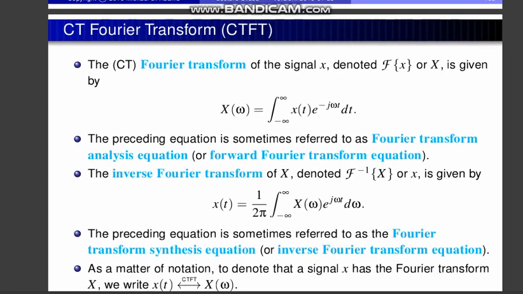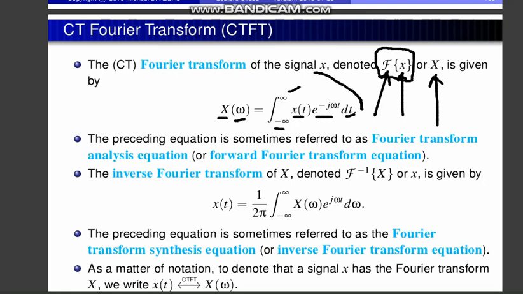That is the basic continuous time Fourier transform law. The continuous time Fourier transform of the signal x(t), denoted F{x(t)}, can also be represented by the capital letter X(omega), and is given by the integral from minus infinity to plus infinity of x(t) e to the power minus j omega t dt.